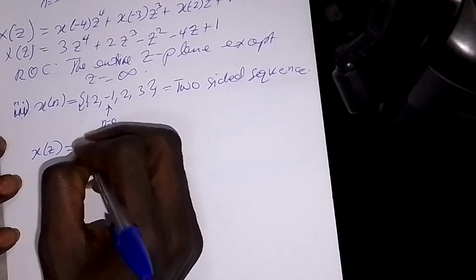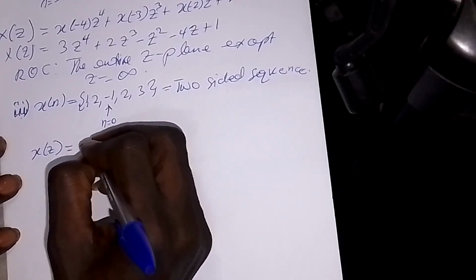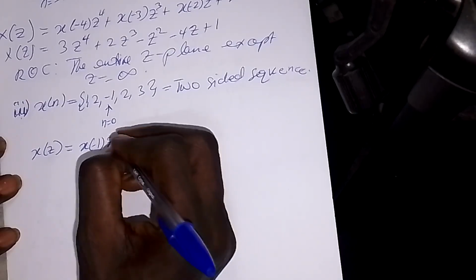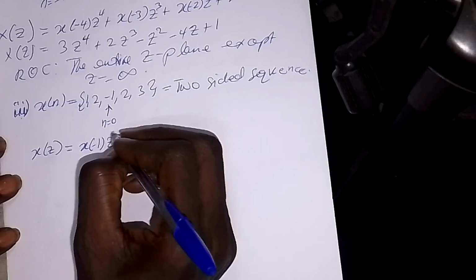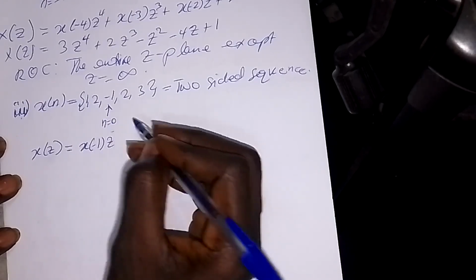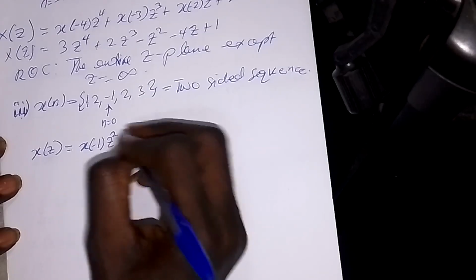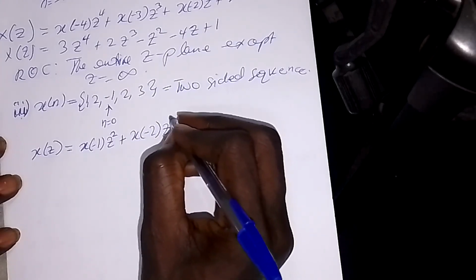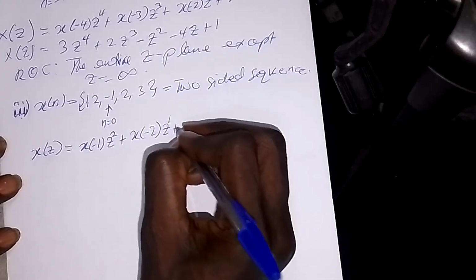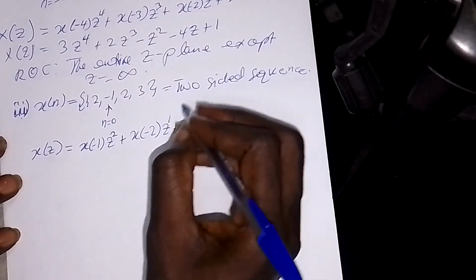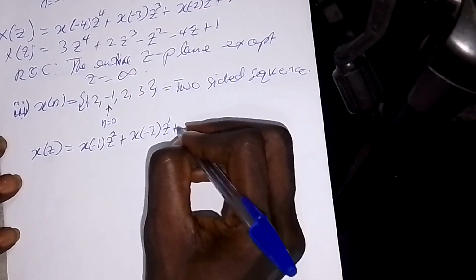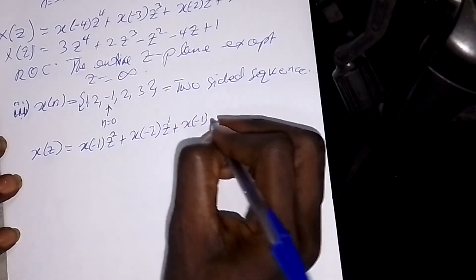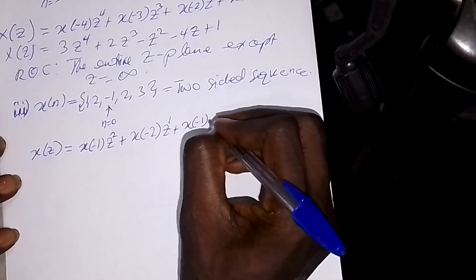So what I can have is x of minus 2 into z to the minus of minus 2, which will be z squared, plus x of minus 1 into z to the minus of minus 1, which is z. Plus x of 0, and here z exponent 0.